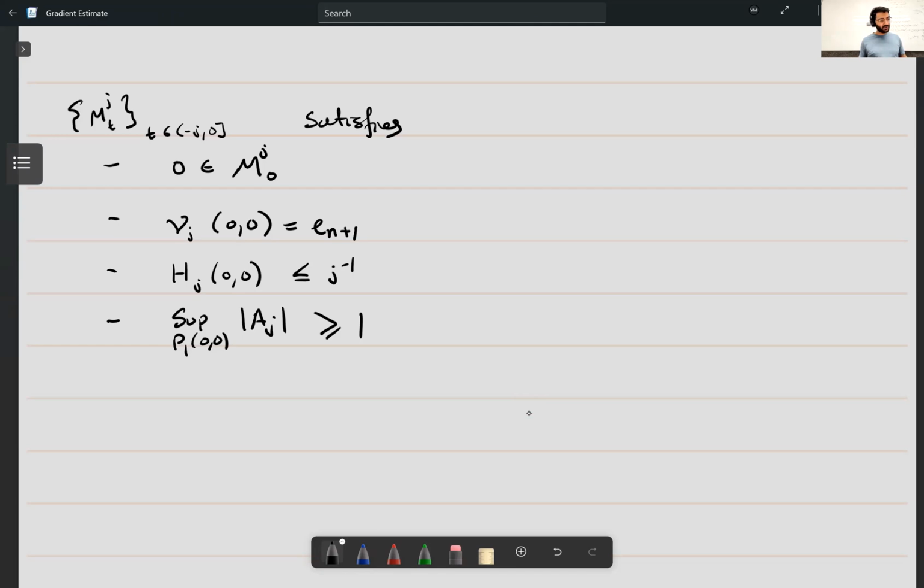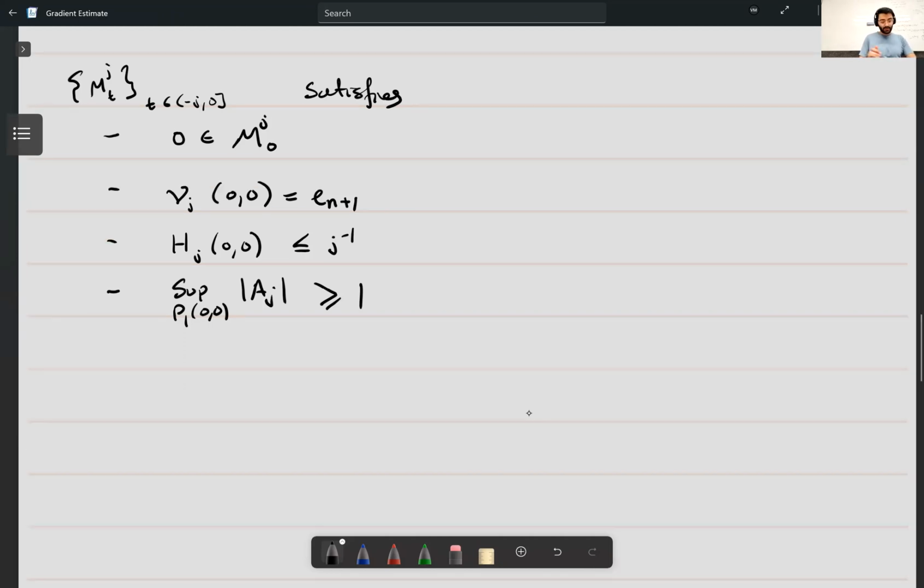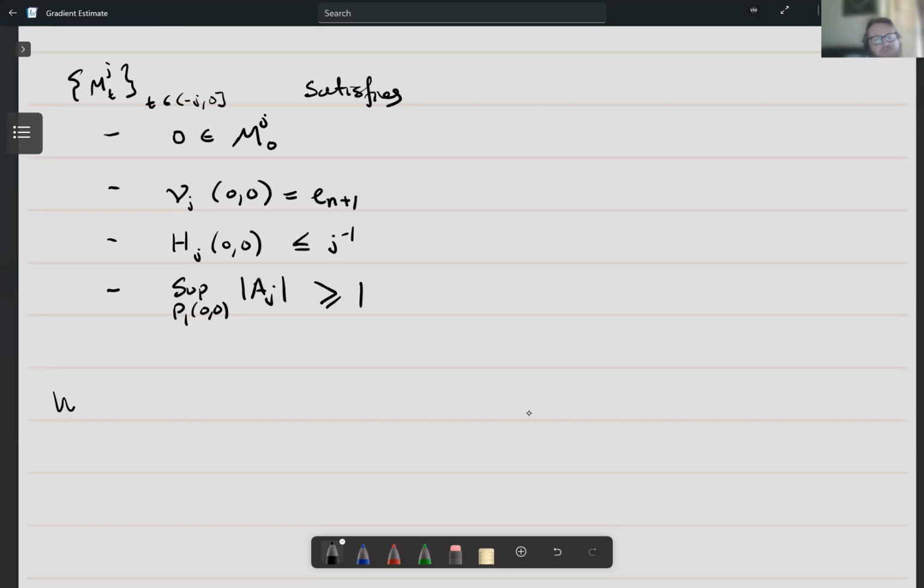So what I'm going to try and do here is prove that this sequence actually converges to a static hyperplane, which means that it contradicts this third statement here. So let me write that down: this sequence of mean curvature flows converges smoothly to this set x_{n+1} equals 0. You mean the fourth statement, like the A is right? Yeah, that one.